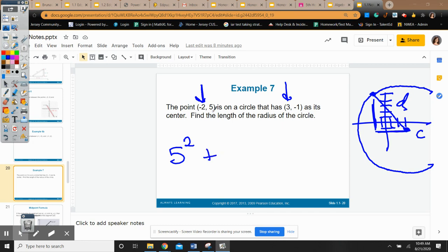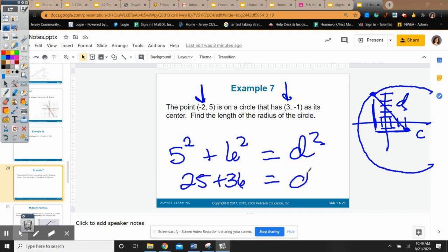How far is it from 5 to -1? Well, that will be 6 apart. That's going to be the distance squared. 25 plus 36 is the distance squared. 61 is the distance squared. So this radius is going to be the square root of 61.